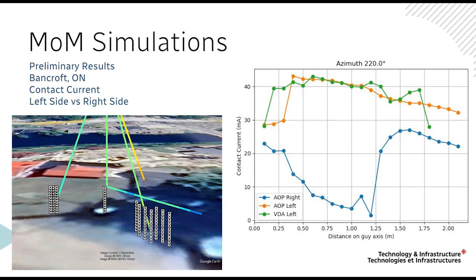Other interesting things that we found out during our measurements is that for a single guy that we measured, namely the one on the bottom right here, the contact current that you would measure with a clamp varies a lot depending on where you are when you touch the same place.